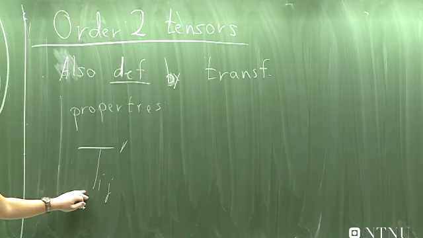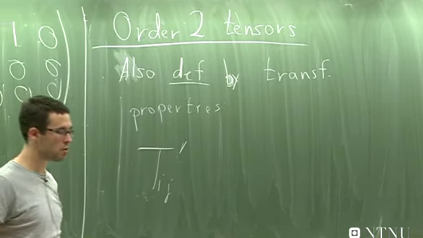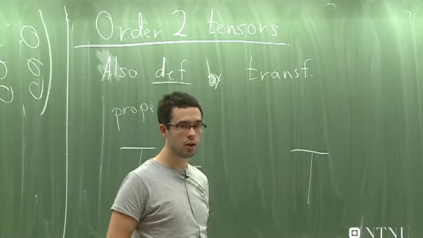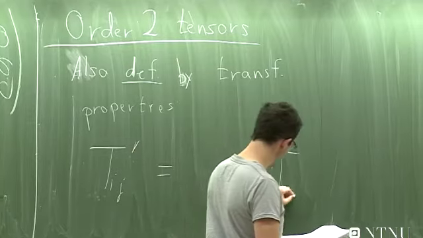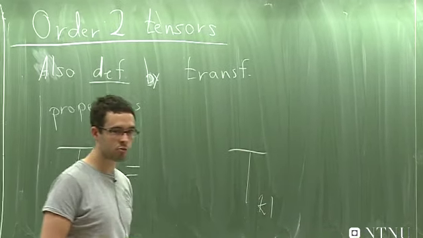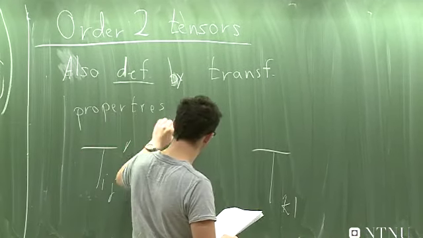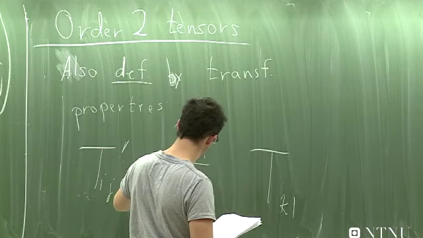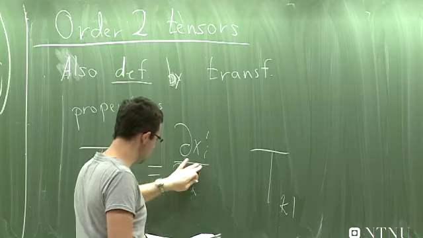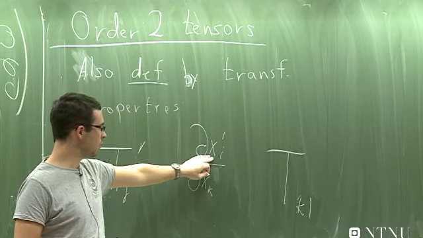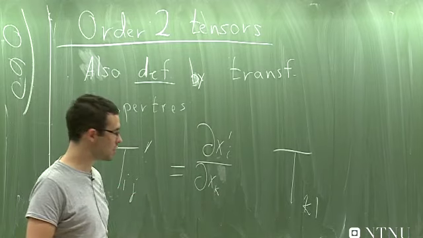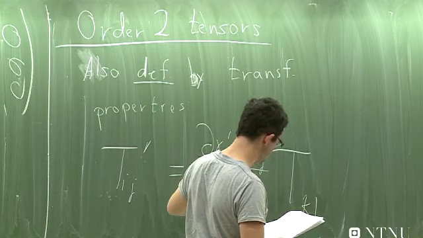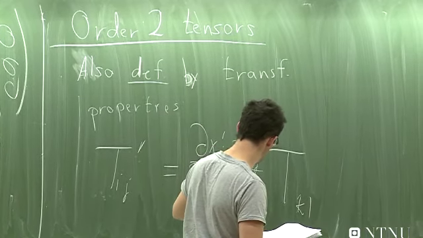The tensor T with respect to the prime coordinate system is related to the tensor T in the non-prime coordinate system by the transformation coefficients, which are, there you go, the derivative of xi prime with respect to xk times dxj prime dxl.